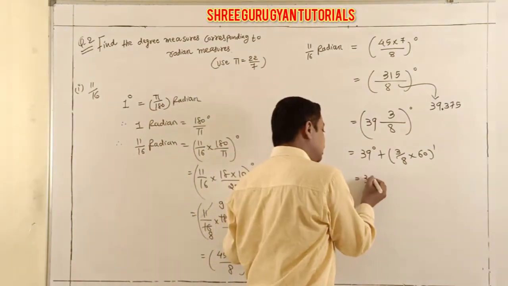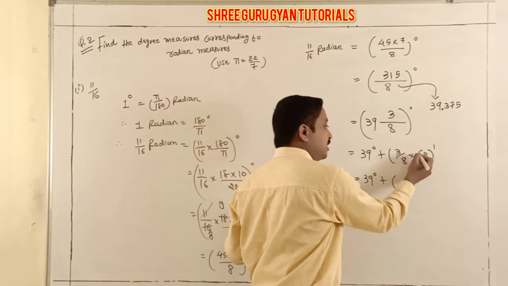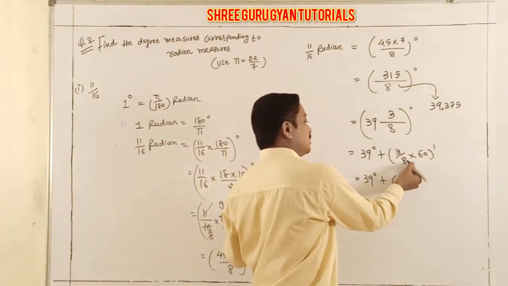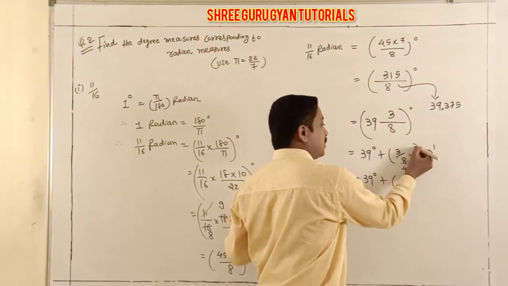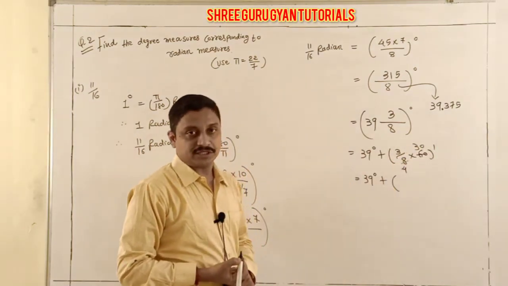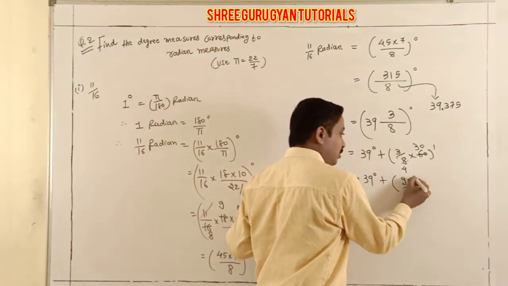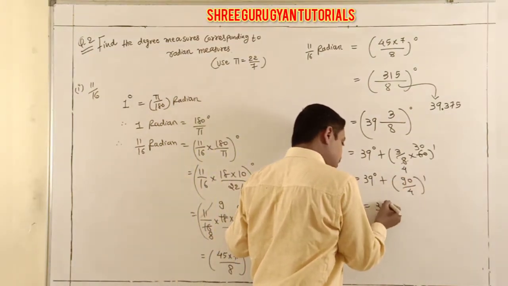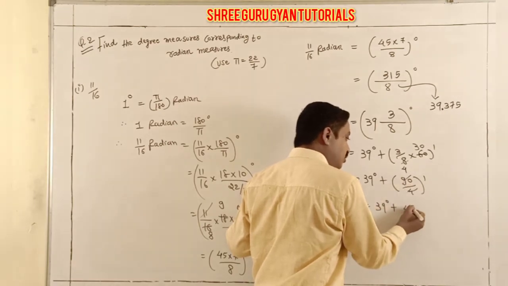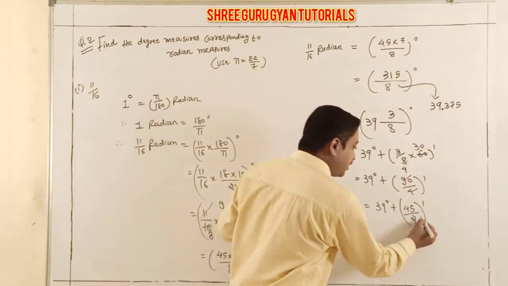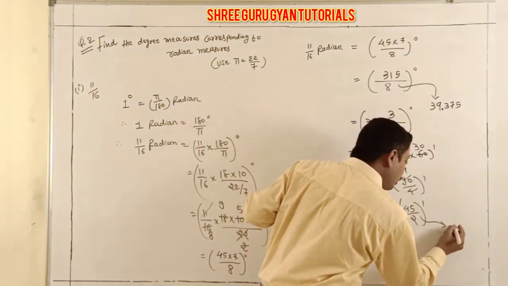So further calculation: 39 degree plus, after some calculations, here 4 2s are 8 and 3 20s are 60. So 3 3s are 9, 90 by 4 minute. Again calculate. The total value is 45 by 2 minutes. Again dividing 45 by 2, it is 22.5.